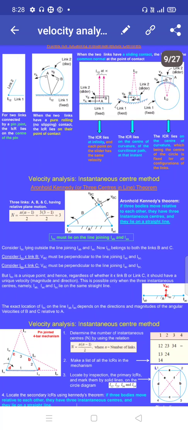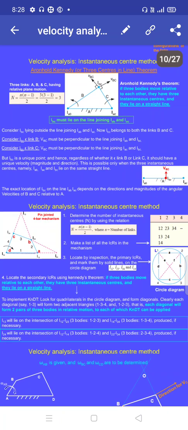But IBC is a unique point, and hence regardless of whether it is on link B or C, it should have a unique velocity, magnitude and direction. This is possible only when the three instantaneous centers, namely IAB, IAC and IBC, lie on the same straight line. The exact location of IBC on the line IAB-IAC depends on the direction and magnitude of the angular velocities of B and C relative to A.